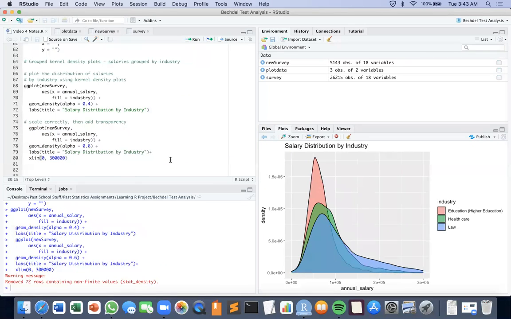So here's, I think, a better representation where we have our one categorical variable, 3 values of that variable. We have the 3 industries, and we can see the density plot of those in relation to salary. For example, we see education is probably overall the lowest, like we saw, it has the lowest mean.